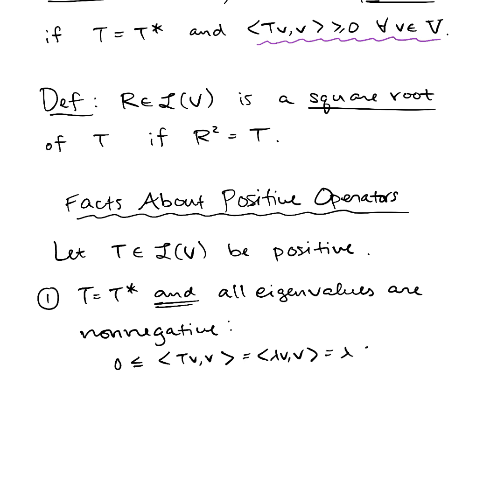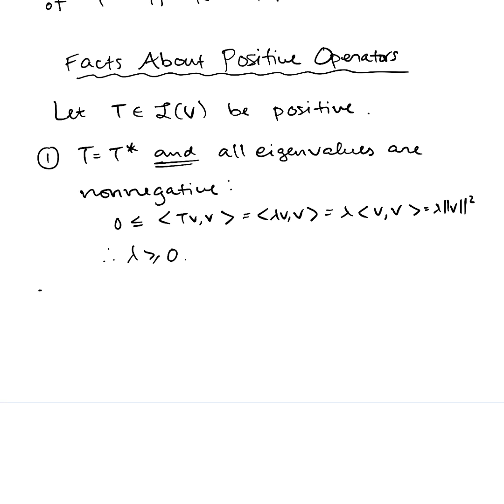Pull that lambda out in front, and you see that lambda times the norm of v squared is bigger than or equal to 0, which means lambda itself is bigger than or equal to 0. Okay, great. So positive operators are excellent because their eigenvalues are all bigger than or equal to 0. Fantastic. Okay, that was a nice fact.